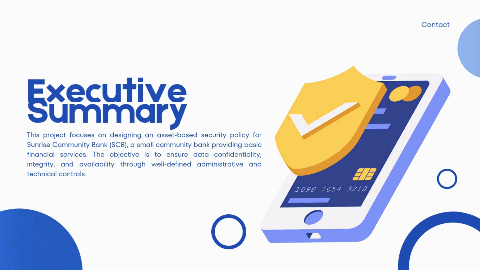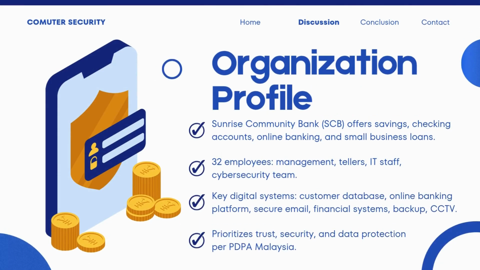Alright, next we'll move on to organization profile. Sunrise Community Bank, or also known as SCB, is a small local bank that offers savings and checking accounts, online banking, and small business loans.